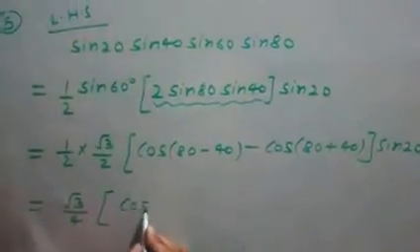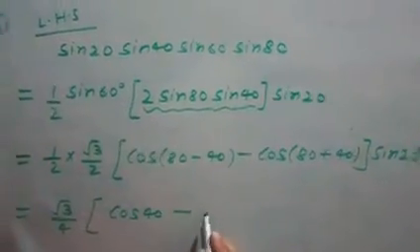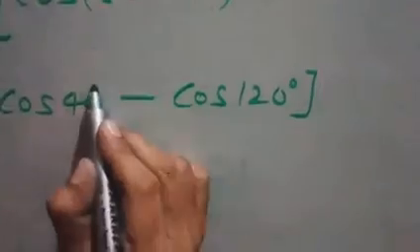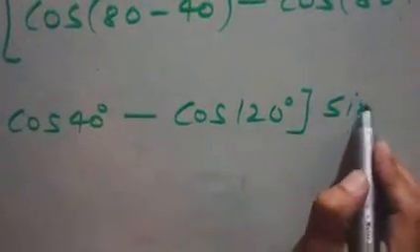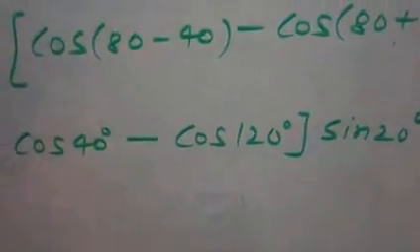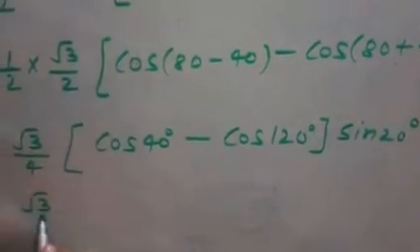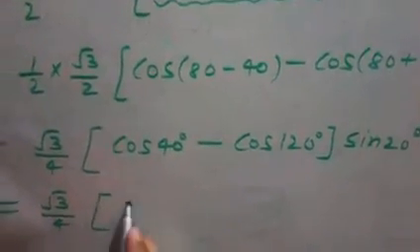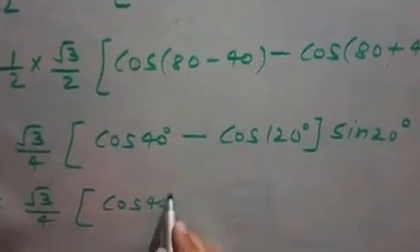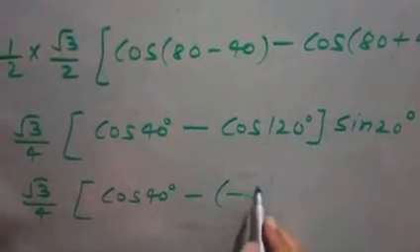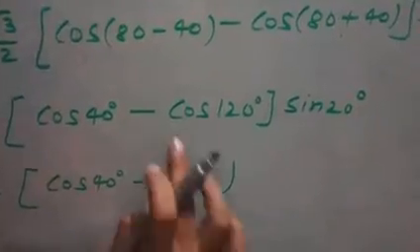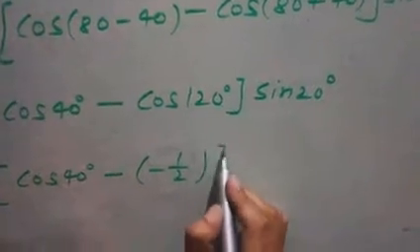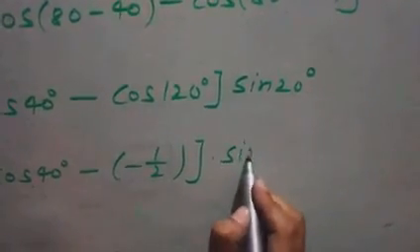Here cos 40 minus cos 120, and here sin 20. Here root 3 by 4 cos 40, the value of cos 120 is minus 1 by 2, and sin 20 degree.